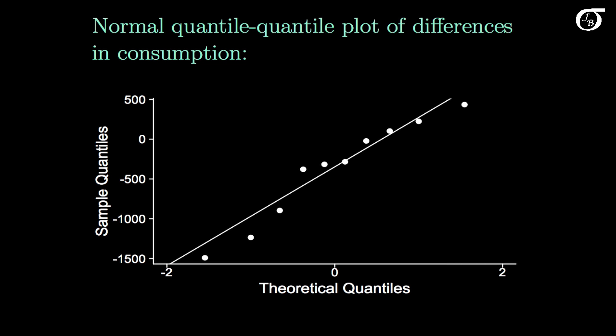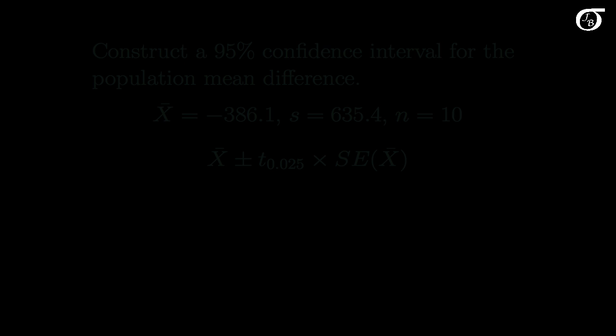Recall that in a normal quantile-quantile plot, the points lie in an approximately straight line if the data is approximately normally distributed. Here there are a few points that are a little extreme, and so we may not feel all that comfortable using the t procedures, especially for such a small sample size. And it's a little iffy here, but I'm going to go ahead and use them to illustrate the procedures.